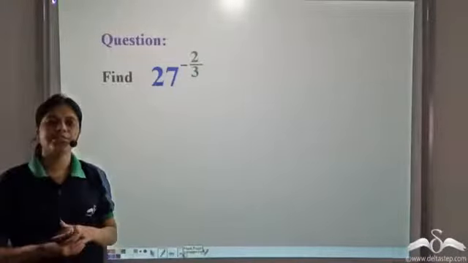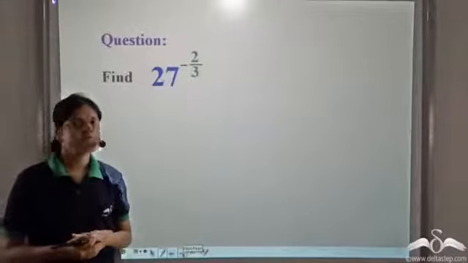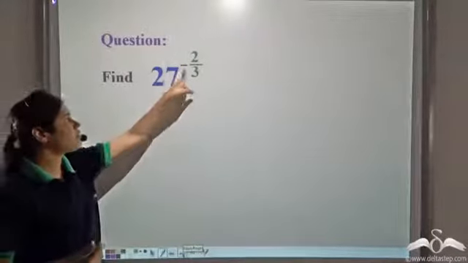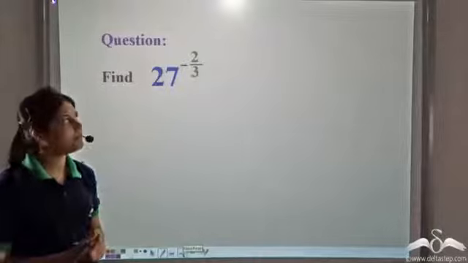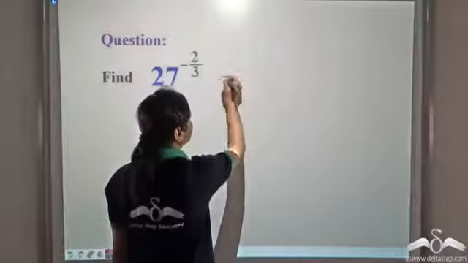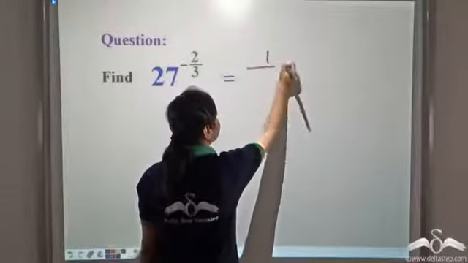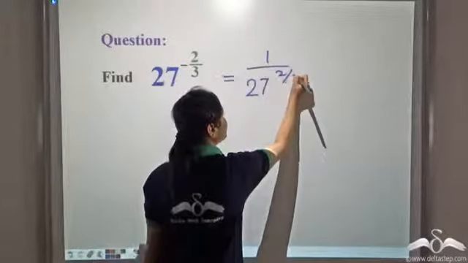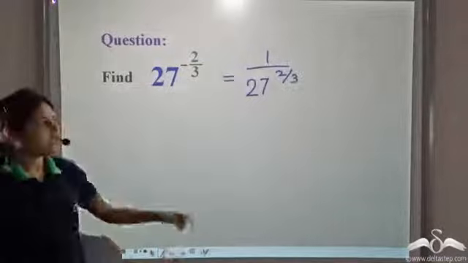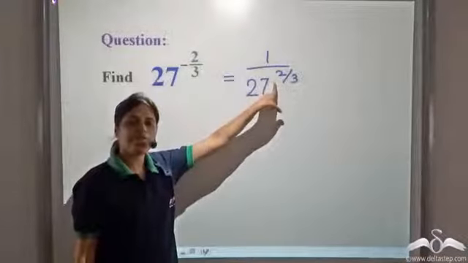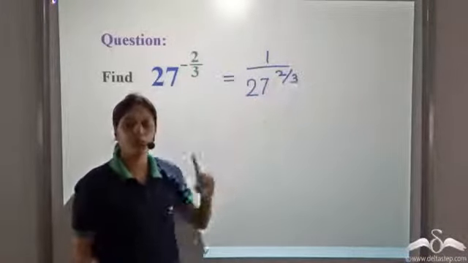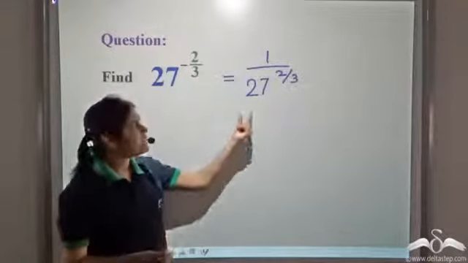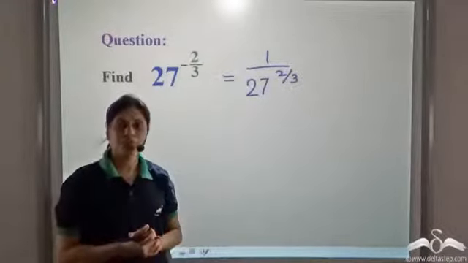So now can you find this? 27 to the power minus 2 by 3. This can be written as 1 divided by 27 to the power 2 by 3. Now we can take the square first or we can take the cube root first. So let's take the cube root first. Why?